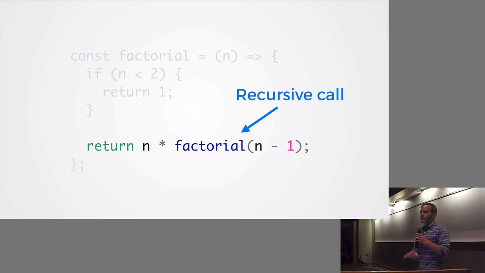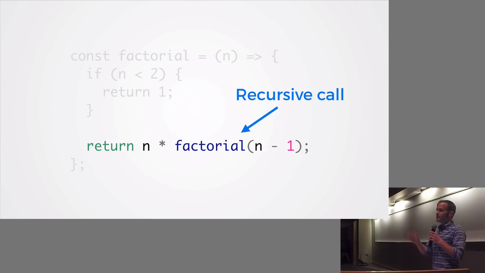So notice here, factorial ends up calling itself. And notice it actually models that general representation of factorial that I mentioned earlier, n times n minus 1 times n minus 2, and etc. Except here, notice we have n times factorial of n minus 1.